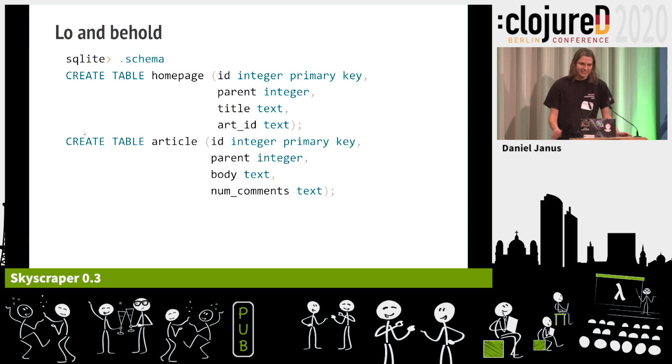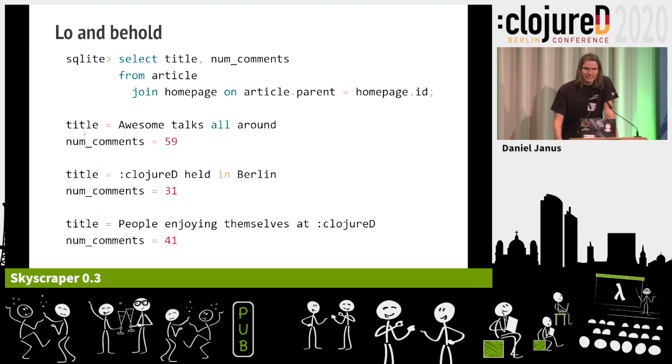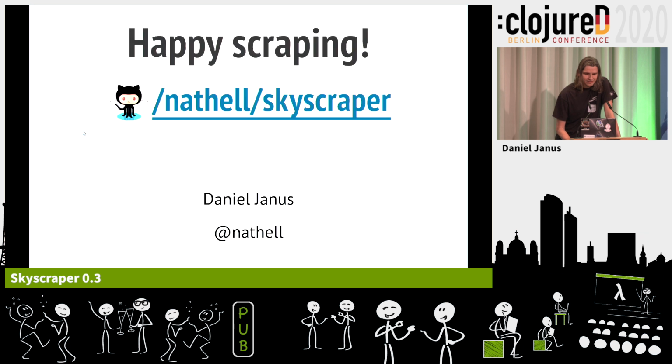Each of the tables has an ID and parents, and the tables are interconnected in the way you expect, so you can select, do the joins, whatever you please. And that's all I have, and happy scraping, and thank you.